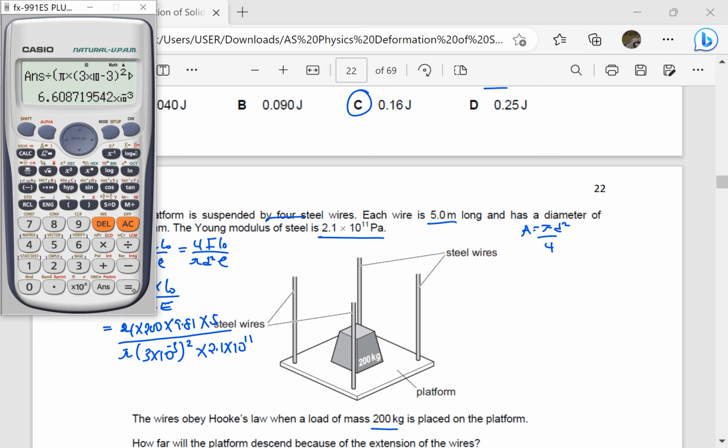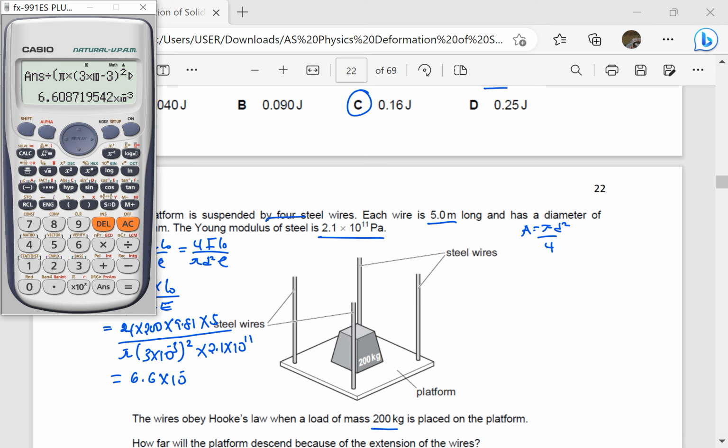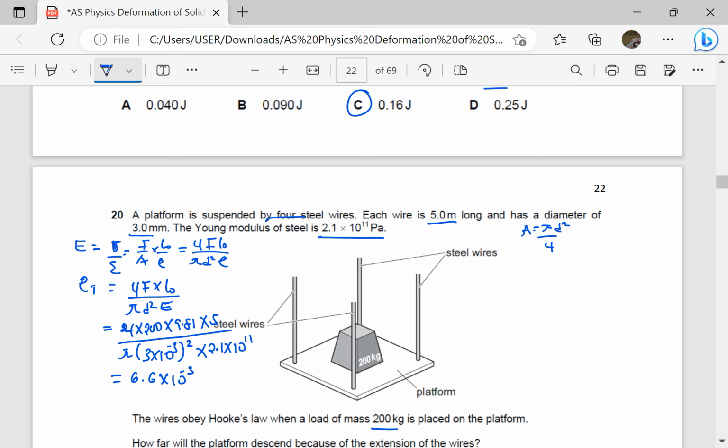So this is giving us 6.6 times 10 power negative 3. So that is going to be the extension.